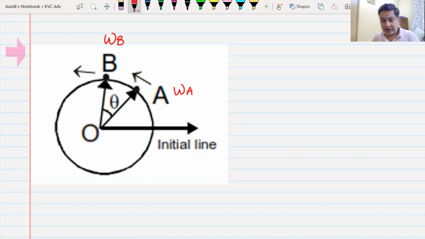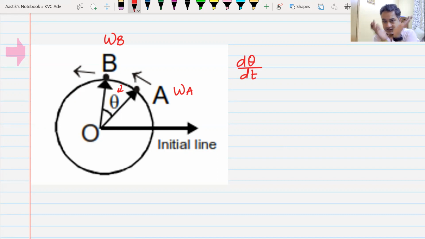Yes, sir. Now, here, if you find the angular velocity of A with respect to B, that will give you how the angle from A to B changes. Here we have to find the rate of change of this angle theta.